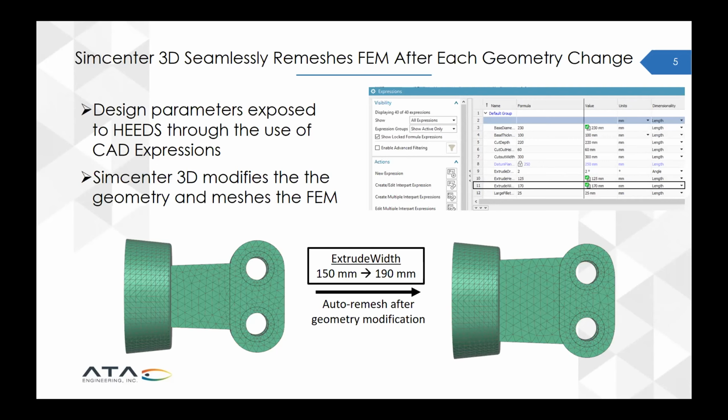Simcenter 3D modifies the geometry and meshes the FEM, again, seamlessly, and that's what I'm demonstrating on the bottom here. I've changed the parameter extrude width from 150 millimeters to 190 millimeters, and Simcenter 3D makes this model change and remeshes automatically.